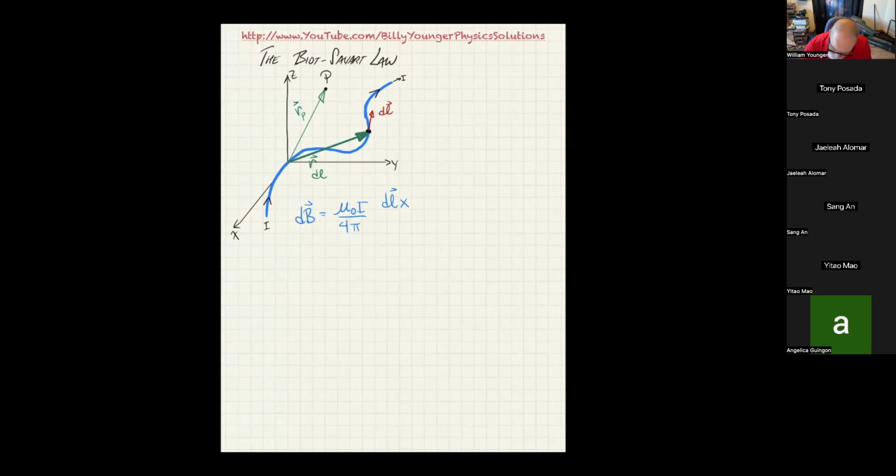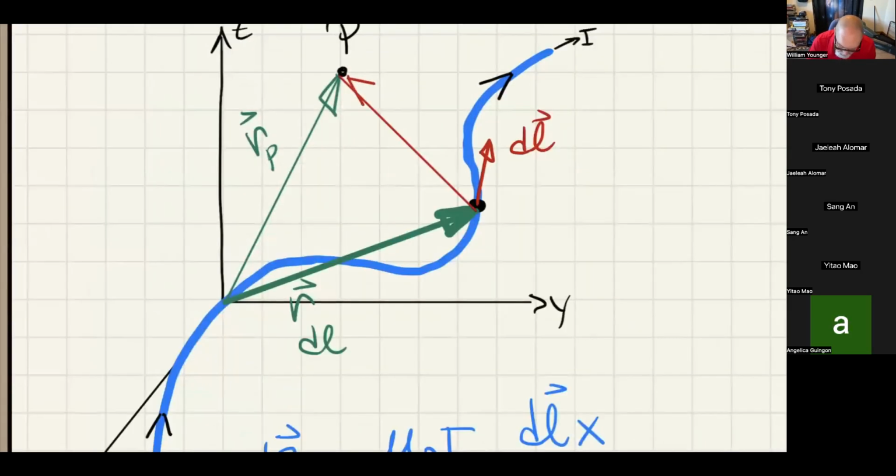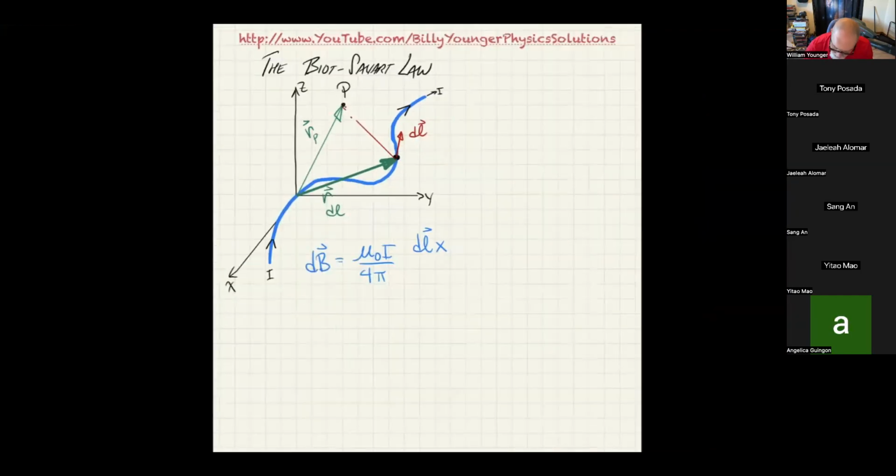What we're really trying to do is find a red vector that points to the position P from the position of dl.